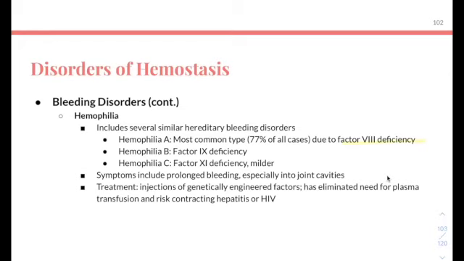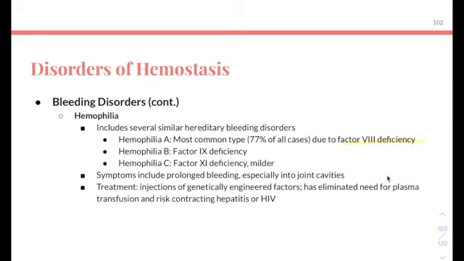That's, again, too nitpicky. So they usually have prolonged bleeding, so it takes a lot longer to clot, and they can have bleeding into their joint cavities, which causes joint swelling.